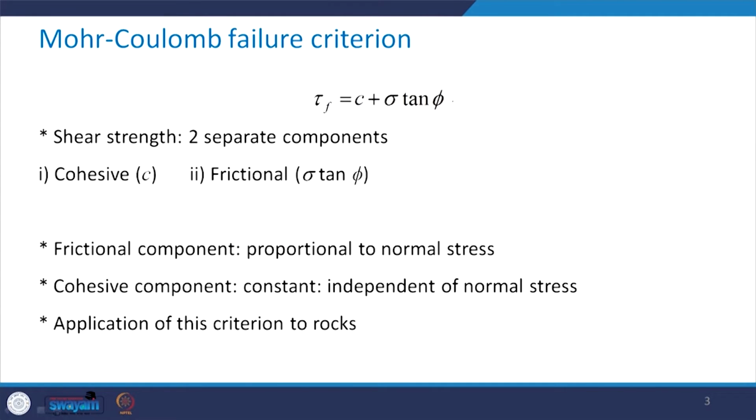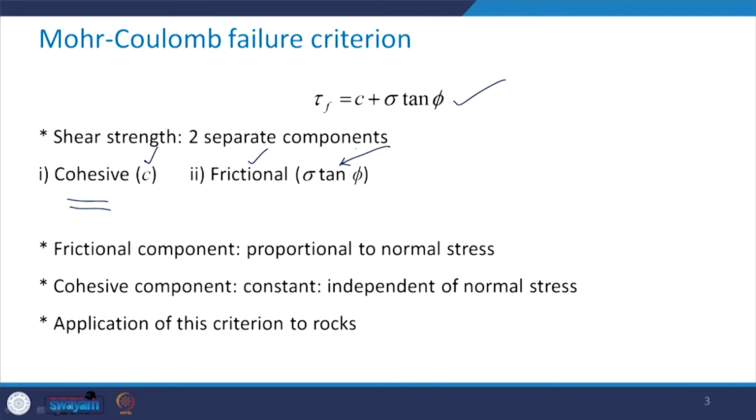Now, this equation has two separate components. The first component is the cohesive one, which is represented by c, and the second one is the frictional component, which is given by sigma tan phi.